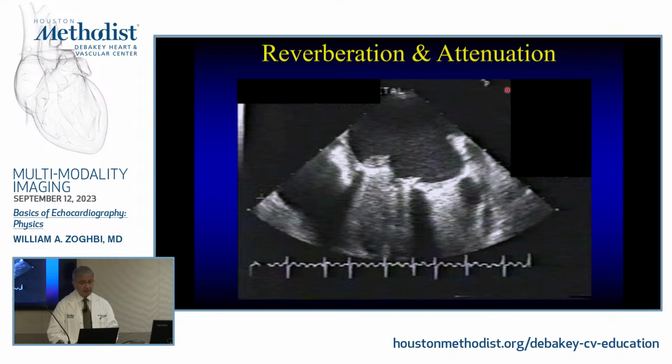Also, at the same time, you can have attenuation, meaning if I have a mechanical valve or a piece of calcium that is reflectant of so much ultrasound, remember, for me to see beyond it, I have to keep penetrating with ultrasound to be able to reflect it again so I can see it. So if my first surface is mostly reflectant of everything else, I'm not going to be able to see below it.